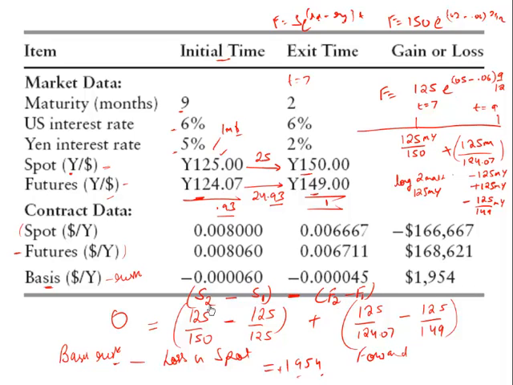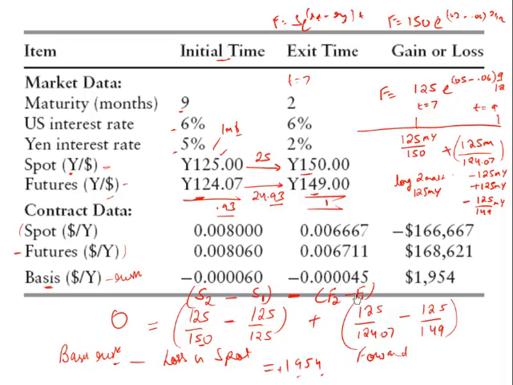If we were short here, we would be long in the forward. So S2 minus S1 was our gain in the spot. This was the final spot price, 1 upon 150 you can say. 1 upon 125 is the beginning spot price. So S2 minus S1 is the gain in the spot position.